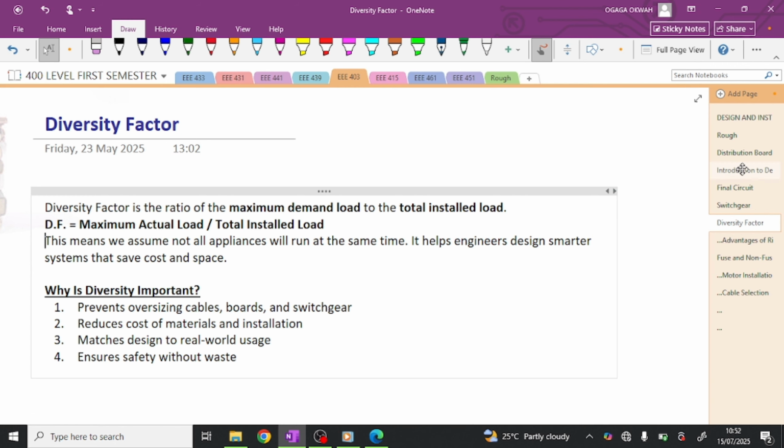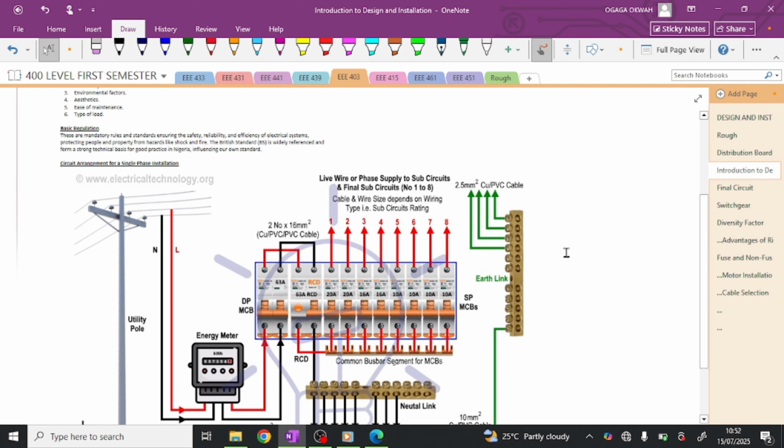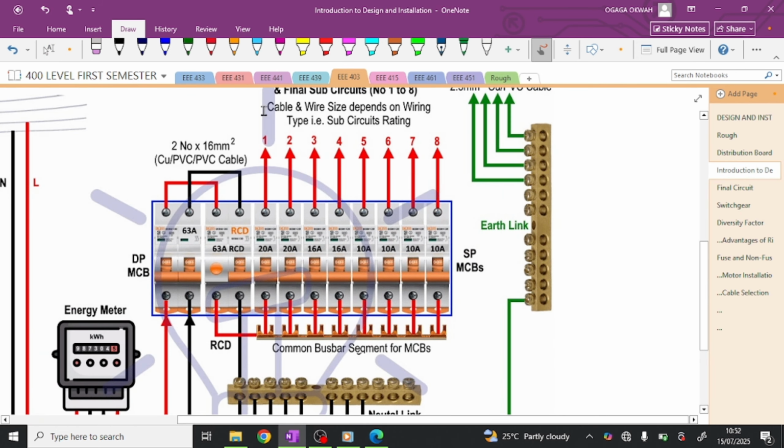Since we are not going to make use of everything at the same time, once we connect to this particular miniature circuit breaker, we can actually use a cable of smaller size, diameter, thickness, because we know that yes, we have a lot of load here, but we are not going to make use of all of them at the same time.